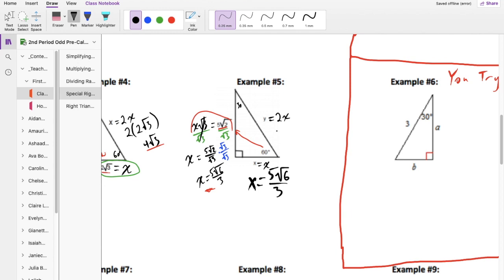So this is going to be 2 times that 5 root 6 over 3, and we can multiply this to get 10 root 6 over 3. So now we have all three sides. We have the hypotenuse being 10 root 6 over 3, the short leg being 5 root 6 over 3, and the long leg being 5 root 2.